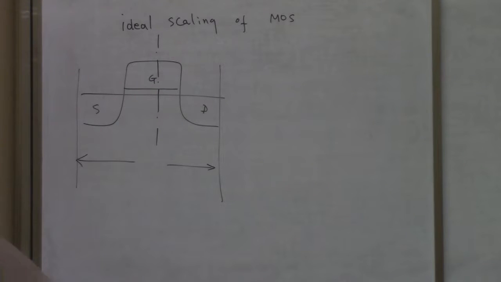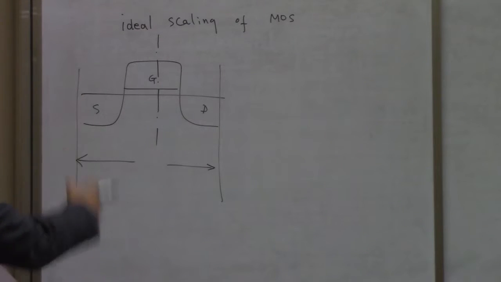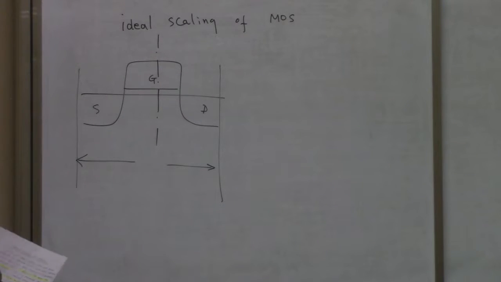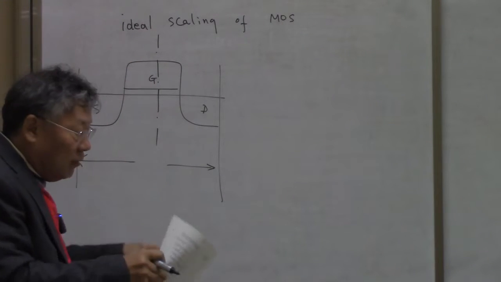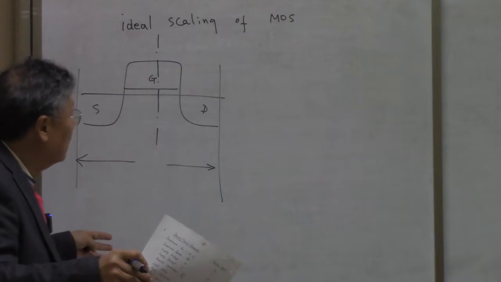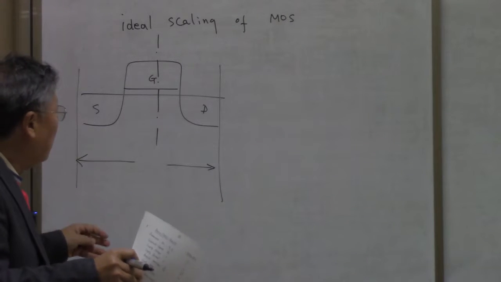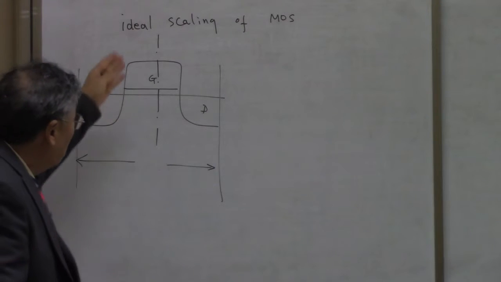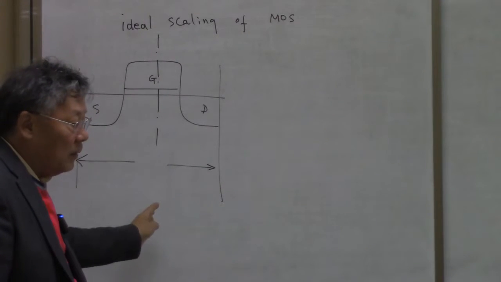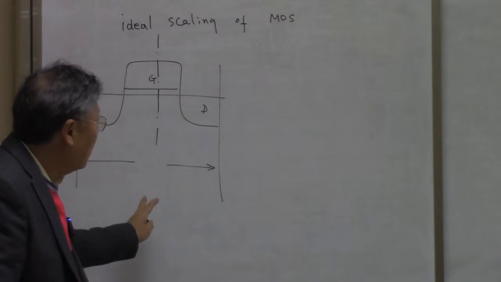Those are the dimensions related to the vertical sections, right? So scaling means we want to reduce the lateral dimensions of MOS transistors, but in order to do that, we have to make some changes along the vertical sections as well.